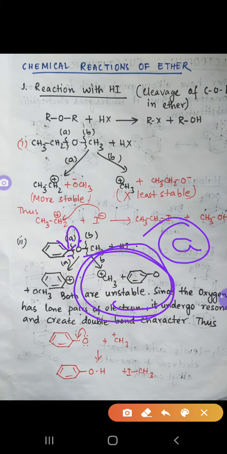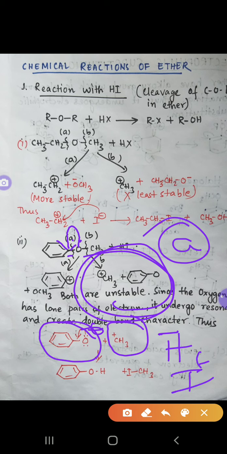So you generate this methyl carbocation and this phenoxide ion. That means O minus here gets attached to H, and I minus gets attached to CH3, giving CH3I. So here comes the result.